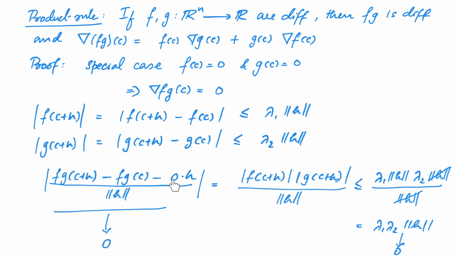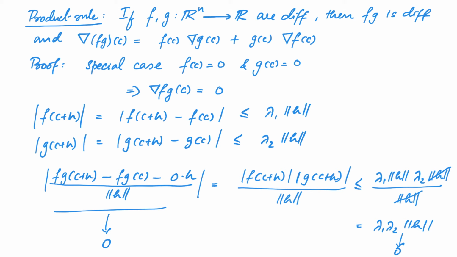Thus, there exists an A such that the limit as h tends to 0 of fg(c+h) - fg(c) - A dot h, divided by the norm of h, is equal to 0. And this vector is the gradient of fg at the point c. So as we wanted, the gradient of fg at c is equal to 0.